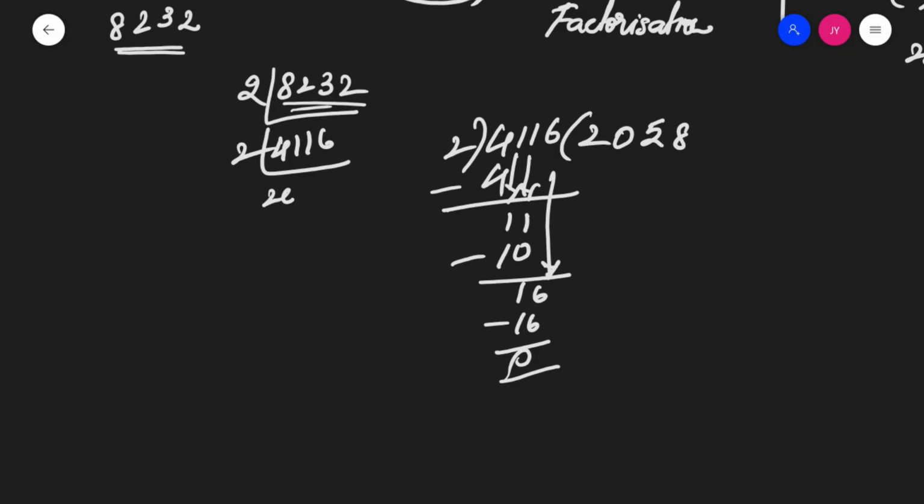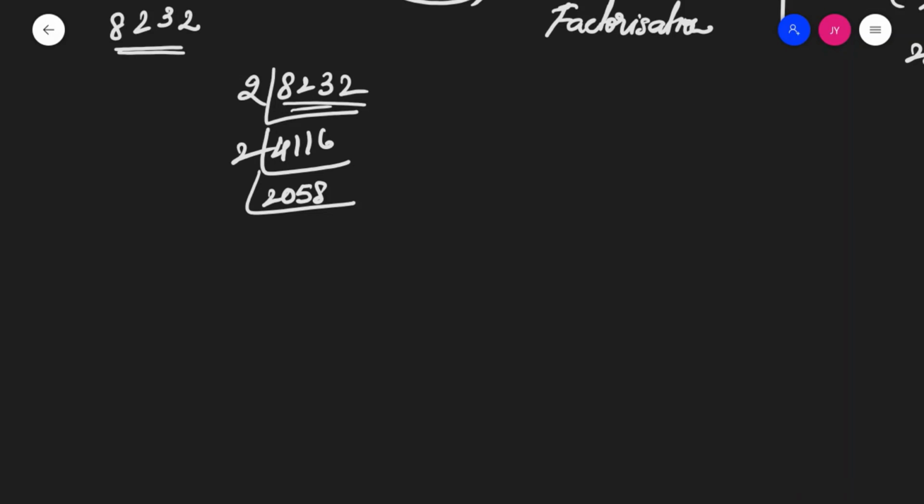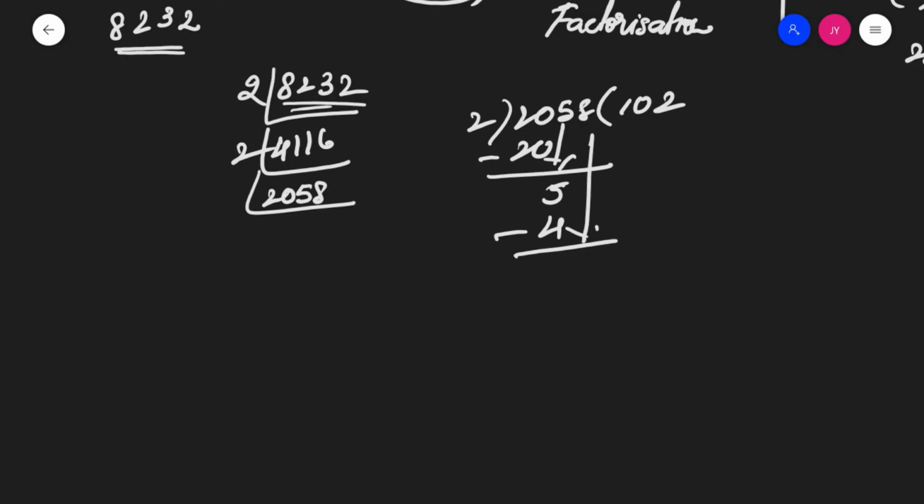So it is 2058. Again, what is the least prime number which can divide 2058? It is again 2. So 2058 divided by 2: 2 tens are 20, minus 20, we get 5 here. 2 twos are 4, minus 4, we get 18 here. 2 nines are 18. So it will be 1029.